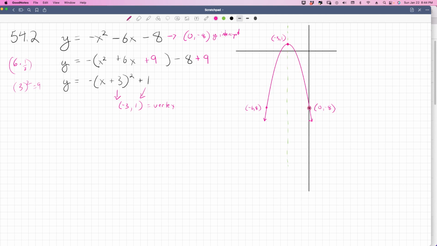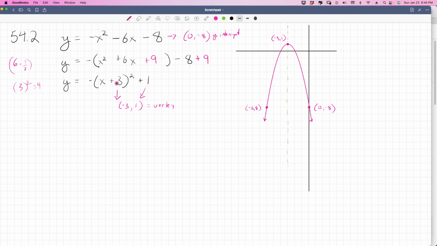And once I found my axis of symmetry, I was able to put in the corresponding mirrored point, which would be (-6, -8). So then all I had to do was put in my vertex and then draw in my parabola. And this one opens down because it is a negative value.